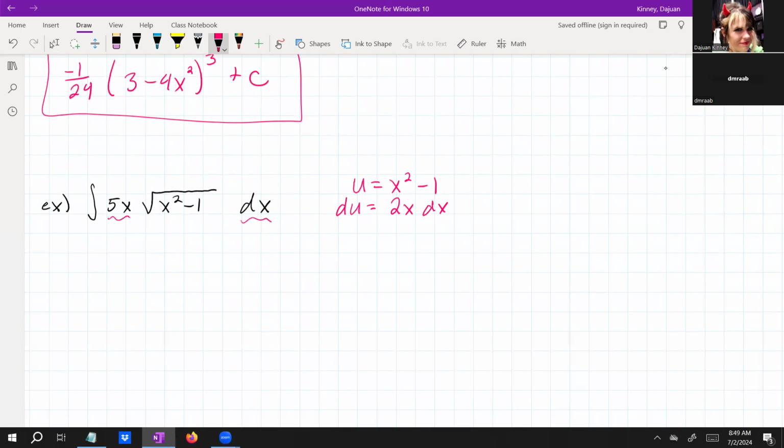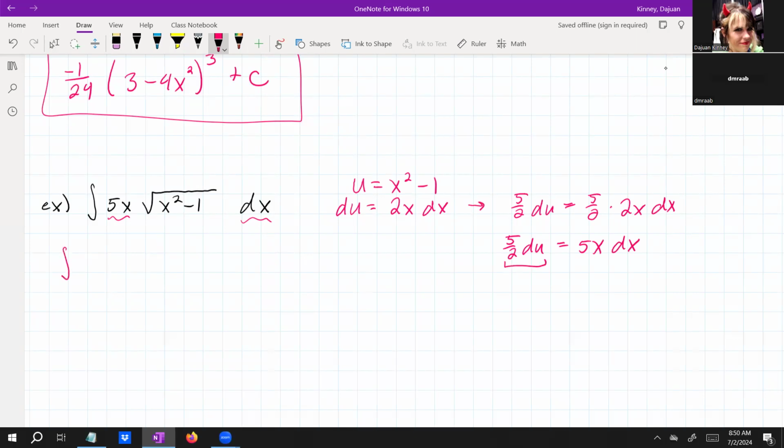If I multiply both sides by 5/2, yeah, that's okay. Hey, it matches what's in my function. So we're good. We can plug this in for our 5x dx.